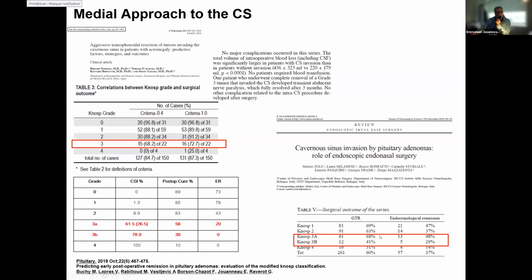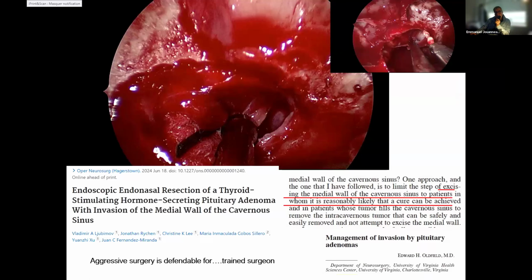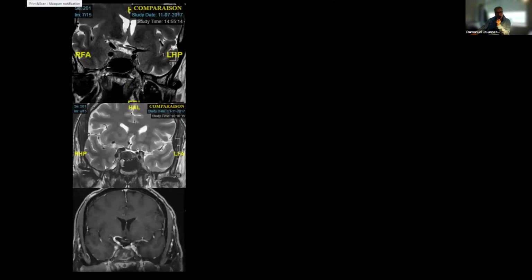And it's the same in the series of Diego. So it's very interesting. In some cases, it seems that you will be able to improve your results in secreting pituitary adenoma. So this kind of surgery is defendable for a trained surgeon.